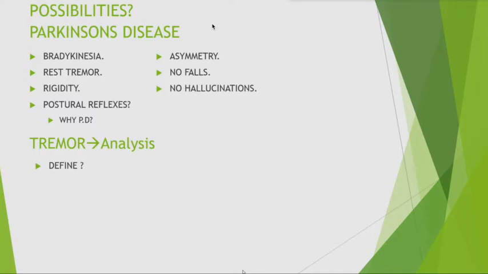Tremor is involuntary rhythmic oscillatory movements produced by alternate contraction of a group of muscles. So it is an involuntary movement. Agreed. It's a rhythmical movement. What's meant by rhythm?